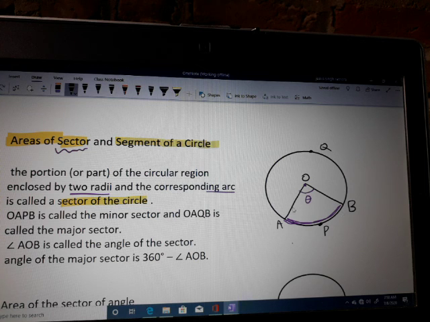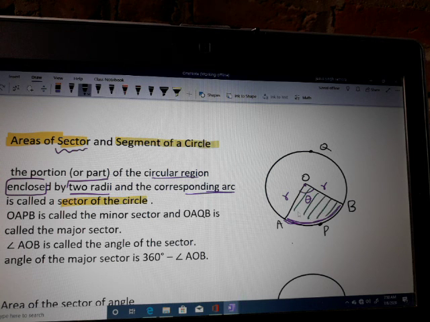This is the enclosed circular region between these two radii and the corresponding arc of the circle. This is the sector, and this complete region is the area of the sector.